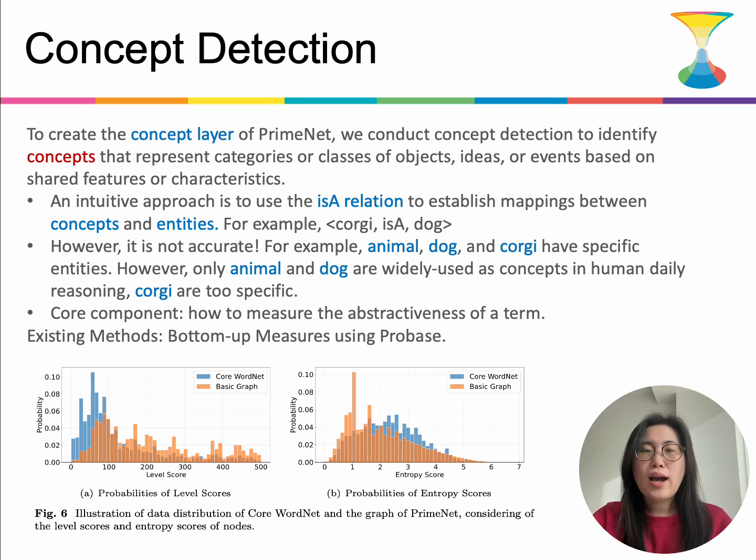The levels of other nodes are defined as the length of the longest path from the leaf node to itself. So this method is not accurate, as shown in Figure 6. The cohorts from WordNet are expected to have higher scores in different types of abstractiveness measures. However, existing methods cannot tell them from normal terms.